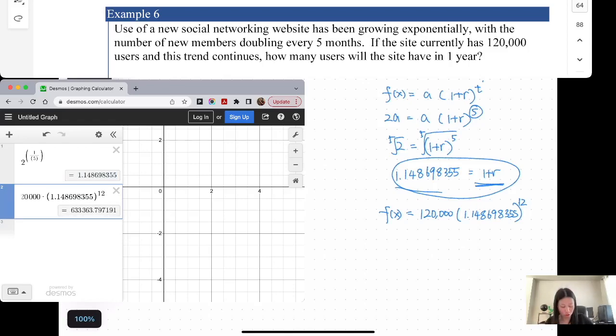So that means your users are going to be 633,364. Since these are users, we always round up because you can't have half a human being. Okay, so that's it for the application problems of logarithm and the exponential function. It's very interesting. Let me know if you have other questions.